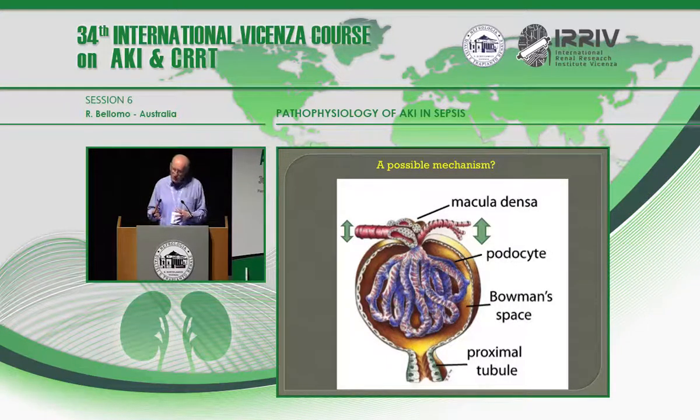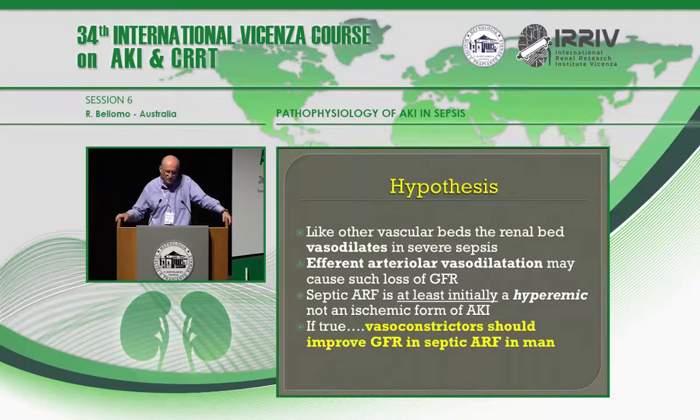So logically, you might postulate that there would be a greater degree of vasodilatation of the efferent arteriole so that there is a decrease in pressure within the glomerulus.